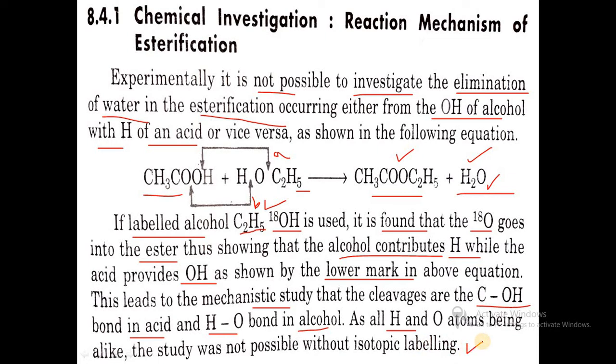Without isotopic labeling we cannot conclude whether the hydrogen and OH contribution takes place with respect to part A or part B. But by labeling oxygen as oxygen 18 in the alcohol, we concluded part B is the correct pathway to produce the ester and water. So this is the first application, that is chemical investigation, the reaction mechanism of the esterification reaction.